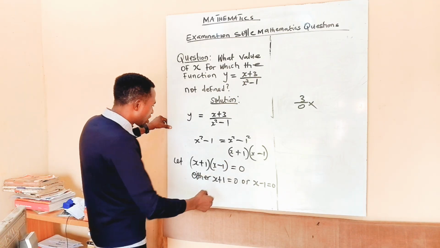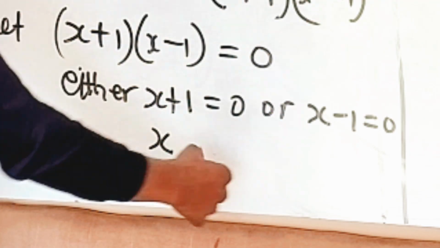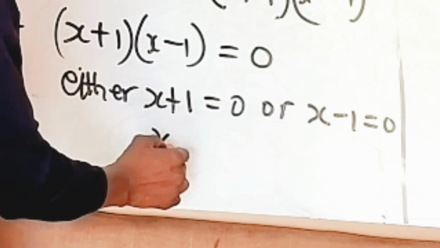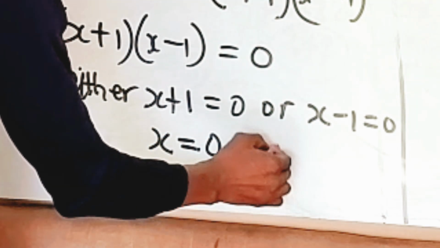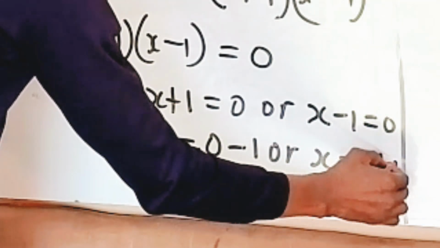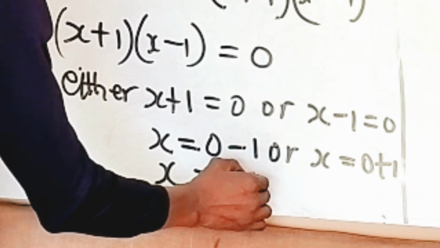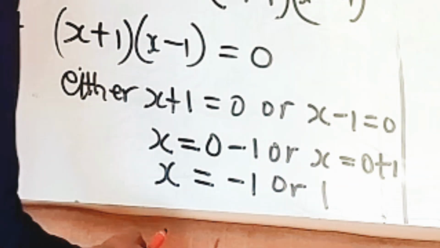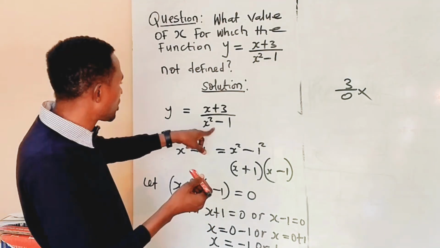So in that case, if we have x, we'll take this one across the equality sign. It is going to be negative. So of course, we have x equal to 0 minus 1 or x is equal to 0 plus 1. The value of x now will be minus 1 or plus 1. That is 1.